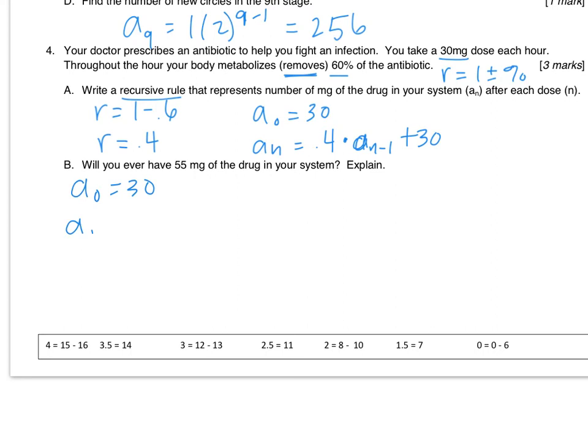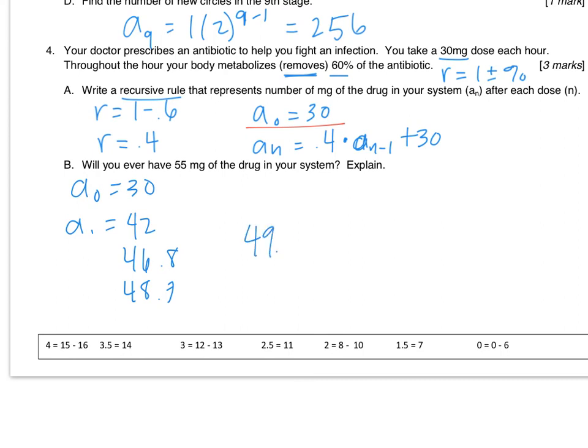And remember, this is the one where if you type in just 30, enter, and then type in the times 0.4 and plus 30 in a separate line, you can just keep hitting enter. So 42, and then 46.8, and then 48.7. I'm just going to hit enter a bunch of times here. And it keeps getting closer and closer to 49.9.